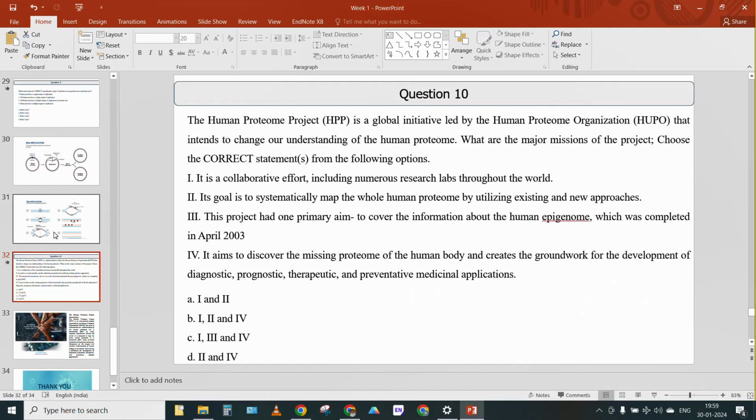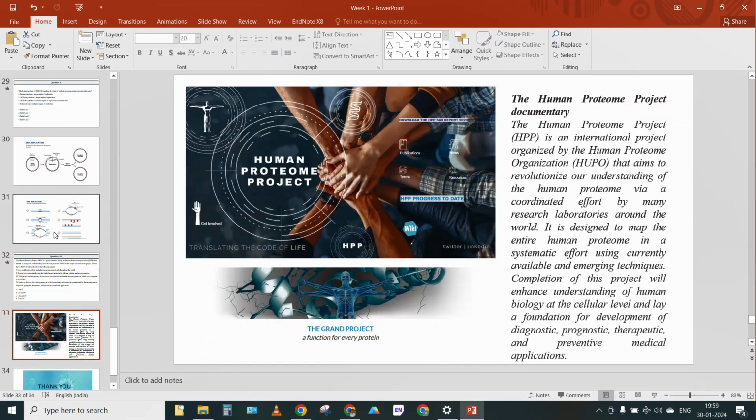So we'll keep in mind what the HPP, the Human Proteome Project, is. Basically, the HPP focuses on addressing key challenges in proteomics, such as improving techniques for protein identification, quantification, and validation. By creating a comprehensive and publicly accessible knowledge base of the human proteome, it strives to advance our understanding of cellular processes, disease mechanisms, and potential targets for therapeutic interventions.